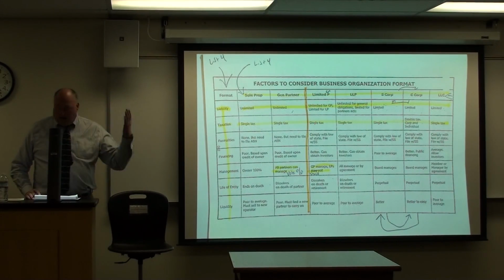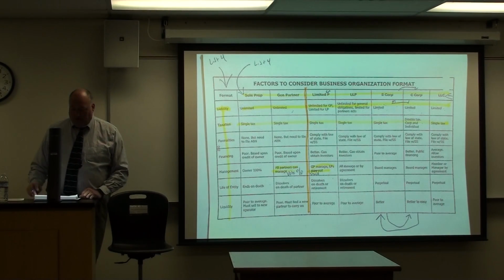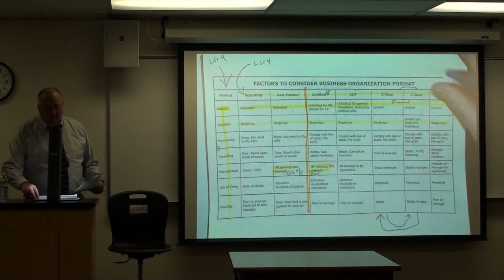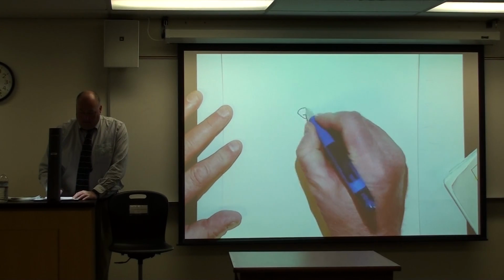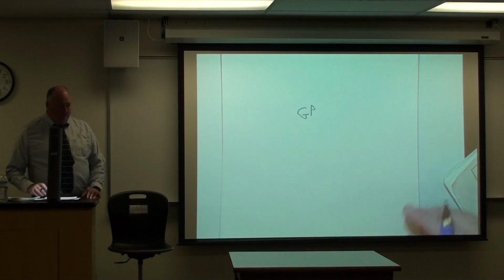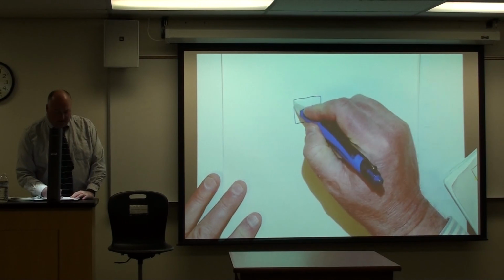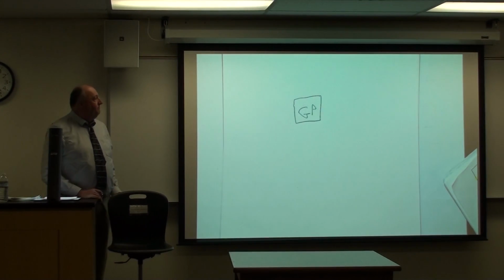All right, so what am I talking about when I talk about unlimited liability? Let me just draw you a little picture here. And don't worry, I'm not going to make you diagram it out. So first, let's talk about not having any liability protection. I'm going to use as an example a general partnership.